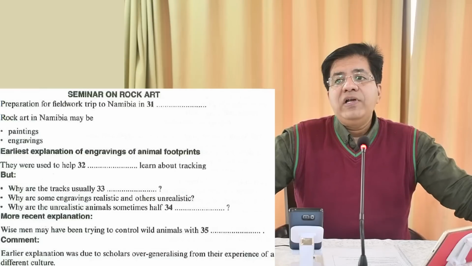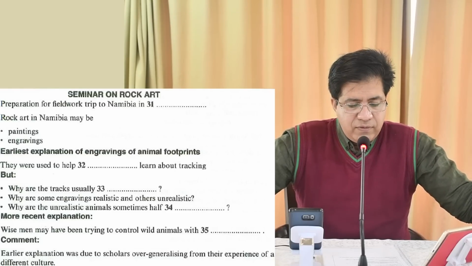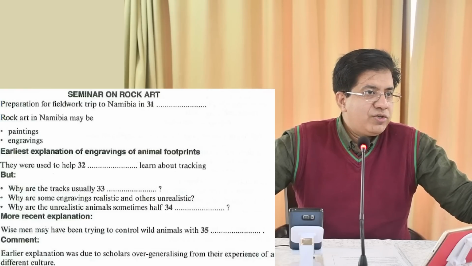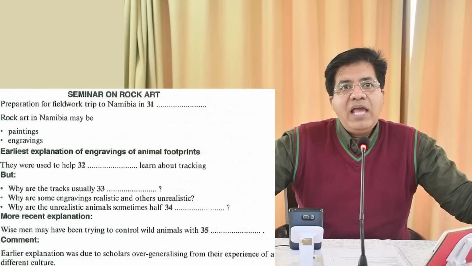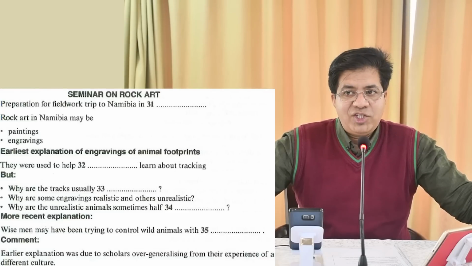Now underline the word learn. I want to learn French. Try to understand my point. I want to learn French. I'm going to rephrase it. I want someone to teach me French. Are they same things? Yeah. Learn.